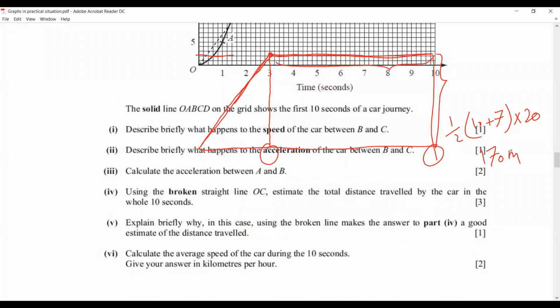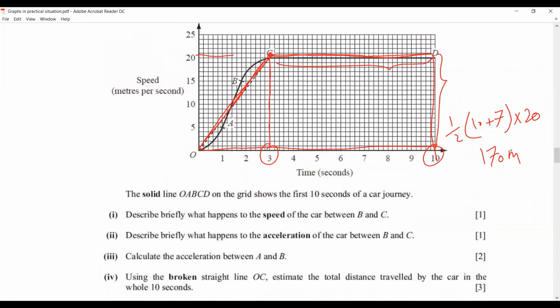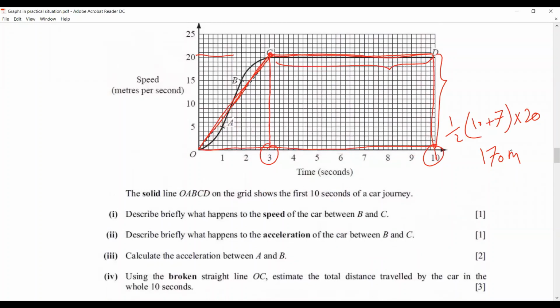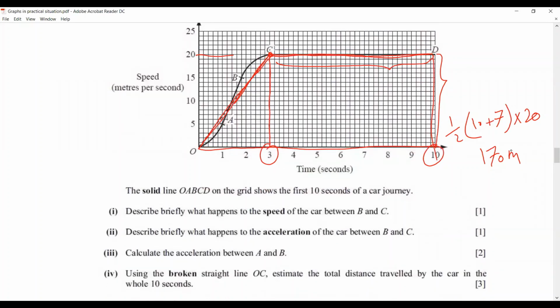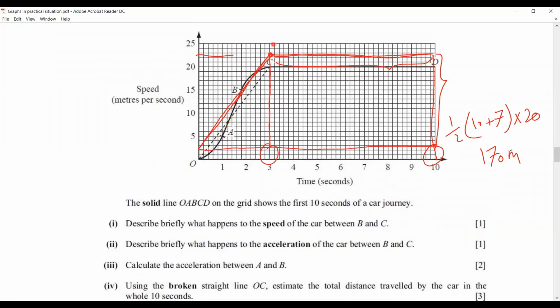Explain briefly why in this case using the broken line makes the answer to the previous part a good estimate. It is an estimation because it is not the actual path. This is the actual path, a curve. But why is it a good estimation?